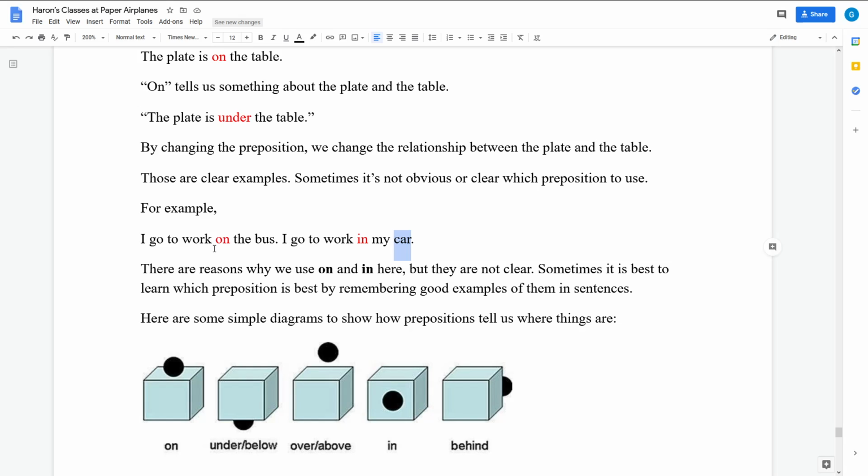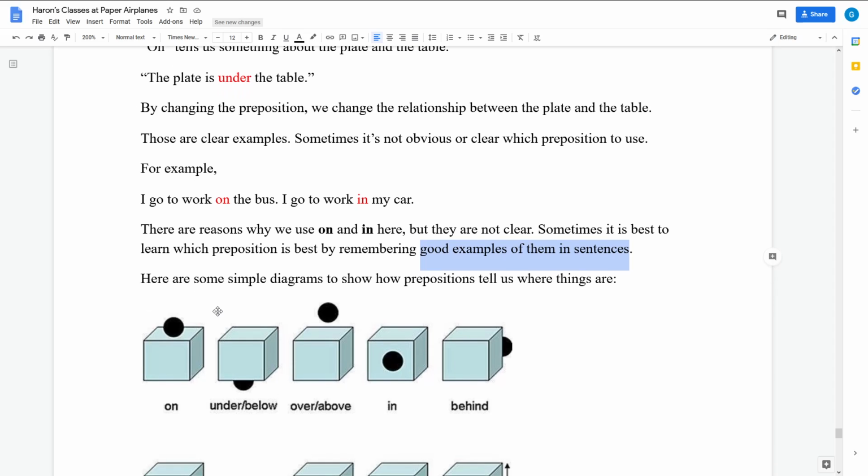Well, there are reasons, but usually the best way to remember which one to use is simply by learning good examples in sentences and having a toolbox of good examples. There are reasons why on and in are used here, but they're not clear. Sometimes it's best to learn which preposition is best by remembering good examples of them in sentences.